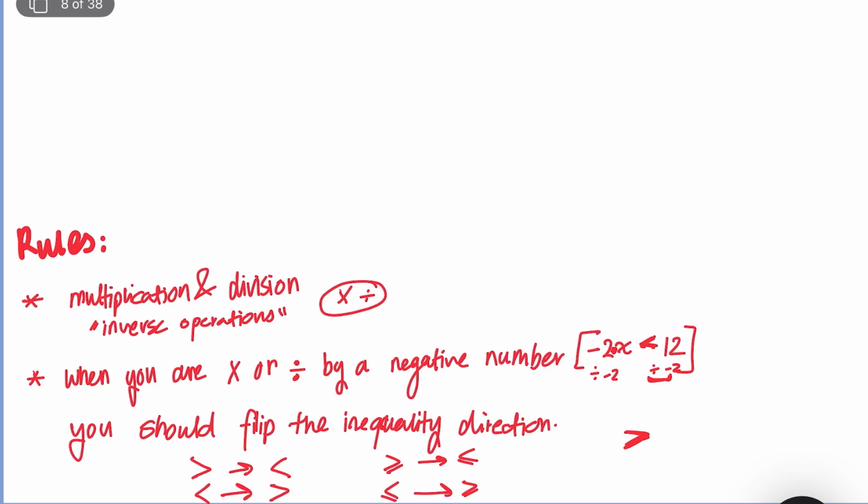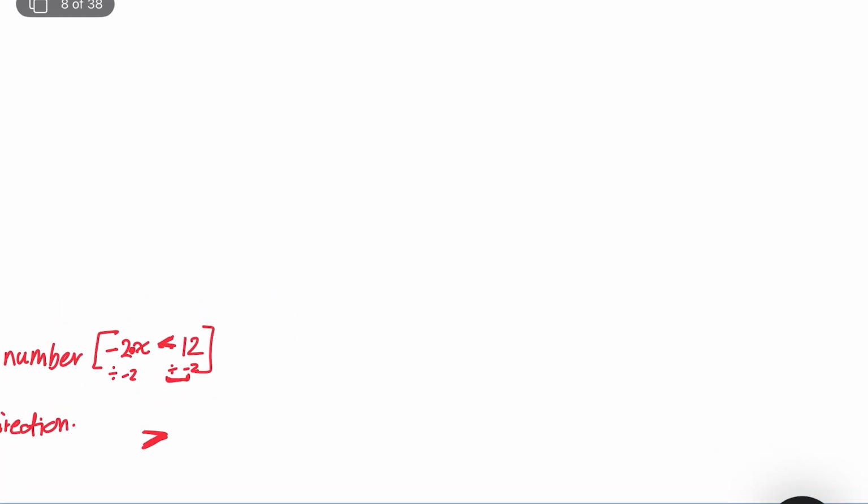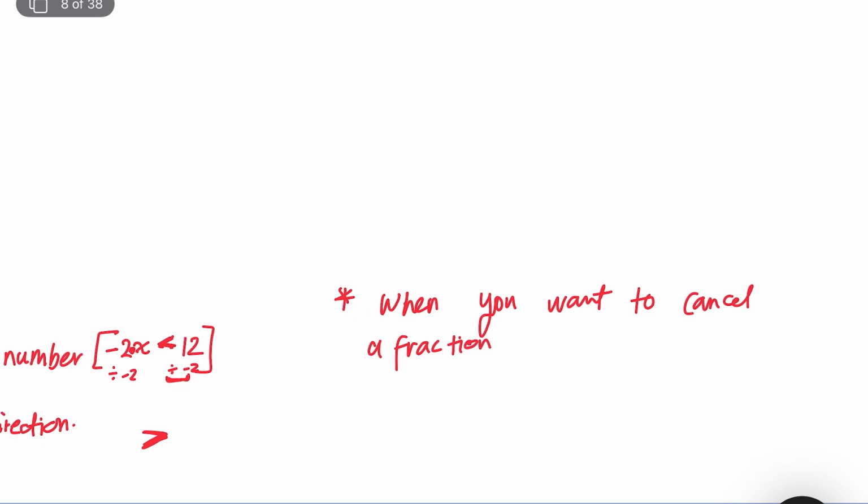Now, the last note I want to talk about is for the fractions. When you want to cancel a fraction as a coefficient, for example, suppose you have this fraction 4 over 6, x is more than, let's say, 10.